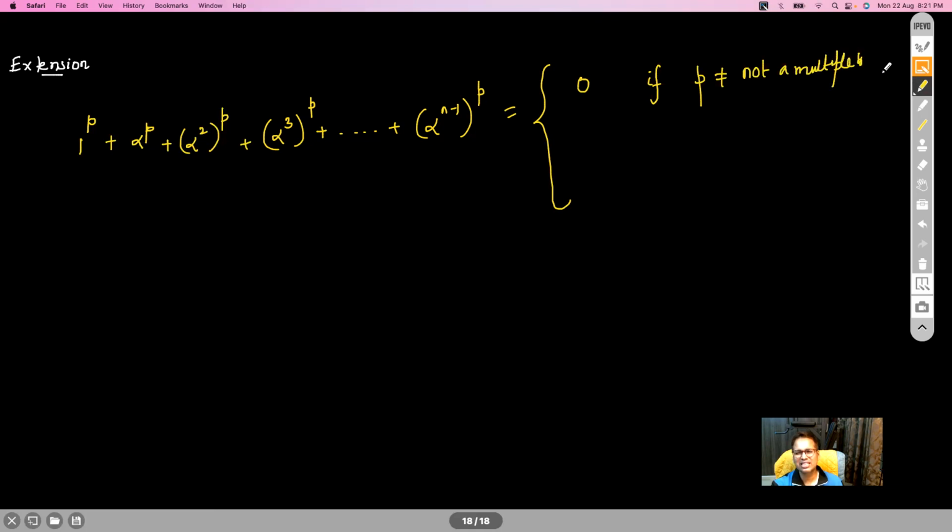Now, are you able to connect this property with the omega thing that we had done? In fact, 1, omega and omega squared are special cases of this, where your n value is 3.